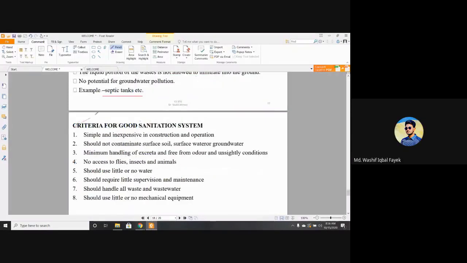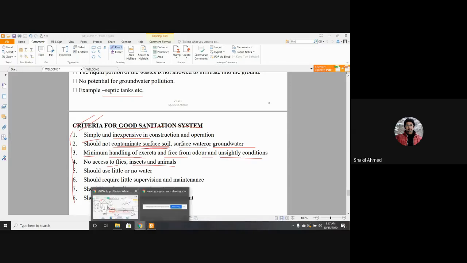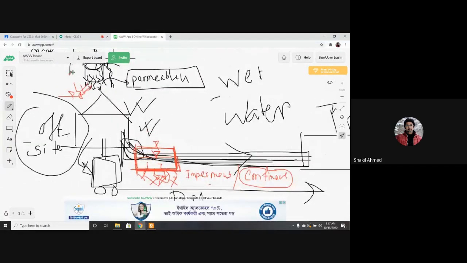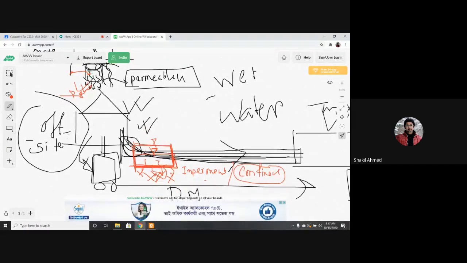Okay, so criteria for a good sanitation system, you should go through this. It should be simple, inexpensive, should not contaminate the surface soil or surface water or groundwater. Minimum handling of excreta and free from odor and unsightly condition. No access to flies, insects, and animals. If you allow insects to go there, then these insects will be the potential vector to transmit disease.